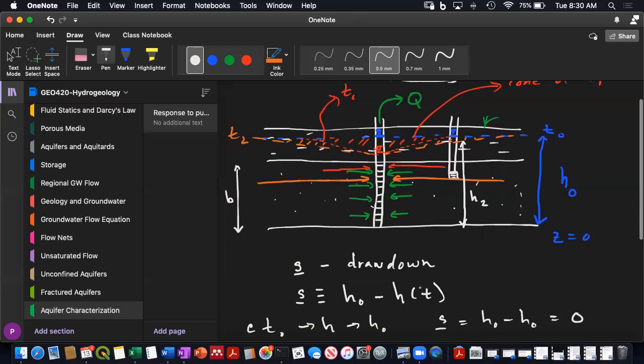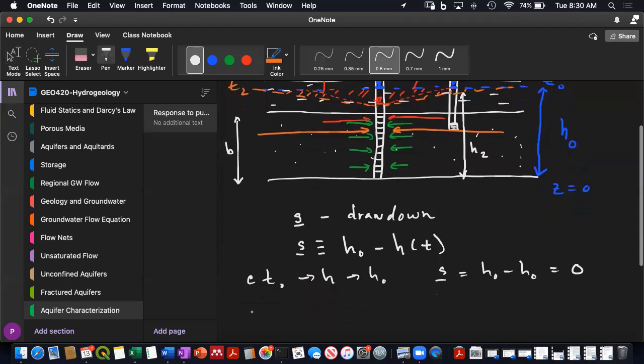All right. So if I haven't pulled my water level down, my drawdown's 0. Okay, at T1, my drawdown is H1 minus H naught.